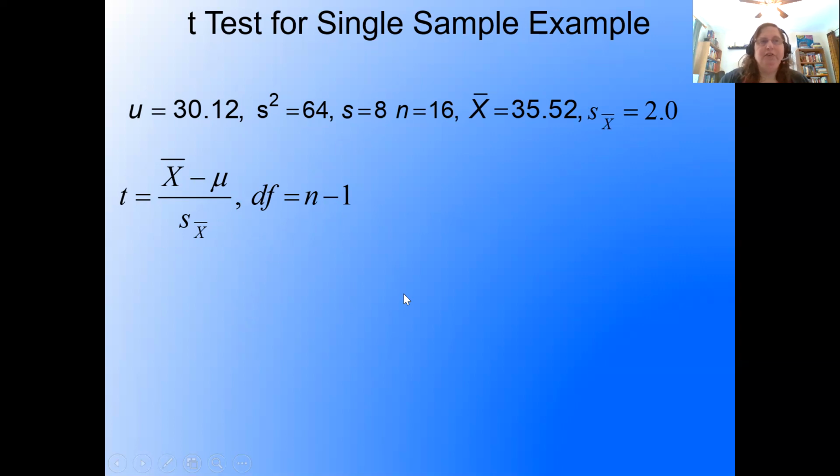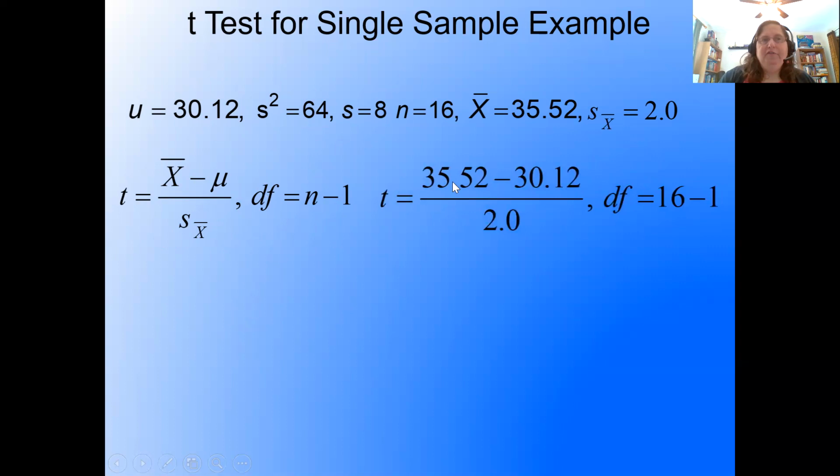So I'm just going to start filling things in. 35.52 for x bar minus 30.12 for mu over 2.0000 for s of x bar is my t-score. That's going to be my t-score, whatever this works out to be. And then my df is going to be 16 minus 1. That's 16, the n, minus 1.